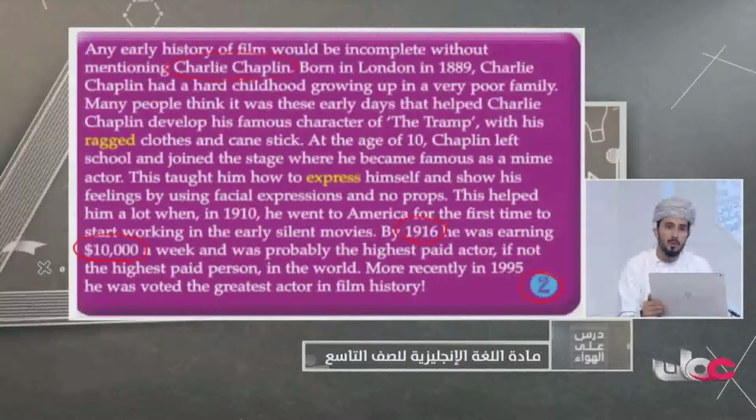The person who wrote the question wanted to make it difficult for us. If he said just when did Charlie Chaplin earn $10,000, I would say 1916. This will be the answer. But he is asking about the age. He's asking us how old Charlie Chaplin was when he earned $10,000.